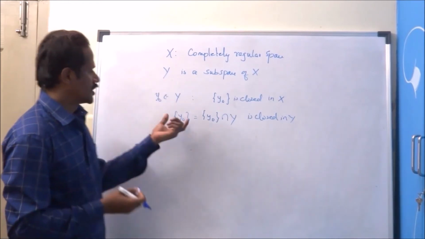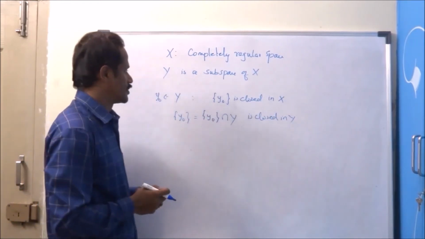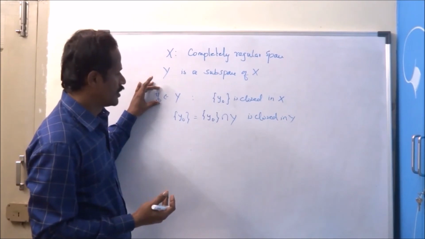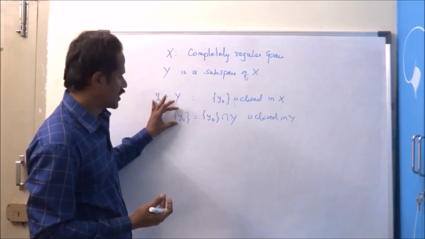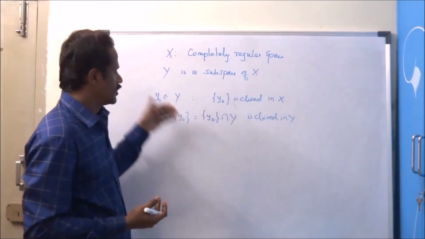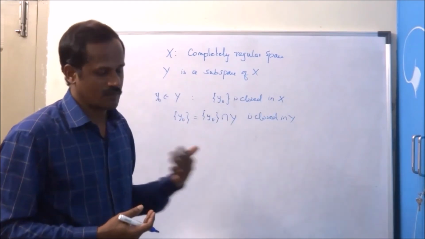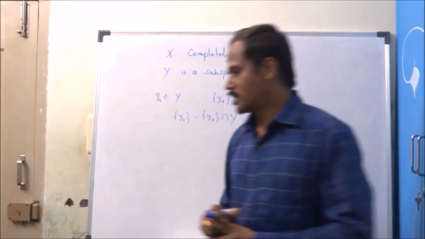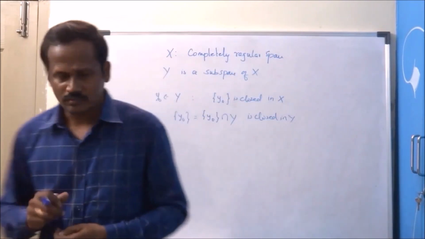Therefore, singleton y naught is closed in Y. Because we have taken y naught as an arbitrary point, this is true for every point in Y. Therefore, Y becomes a T1 space.